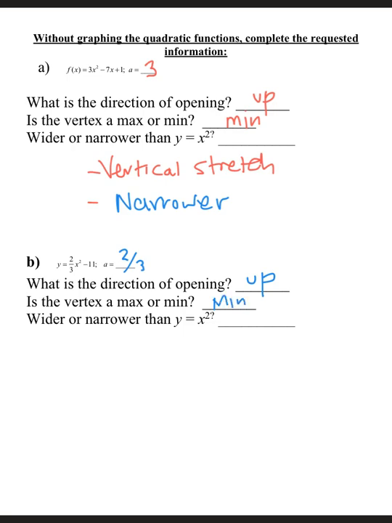It's vertically shrunk, so vertical shrink, and that means it's going to be wider than the parent function. Remember, the parent function is this one right here, y equals x squared. That's what we are comparing it with.